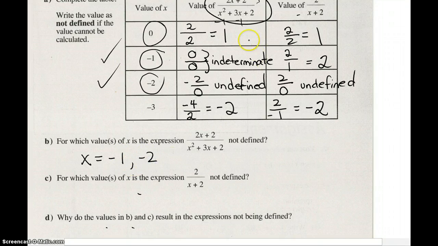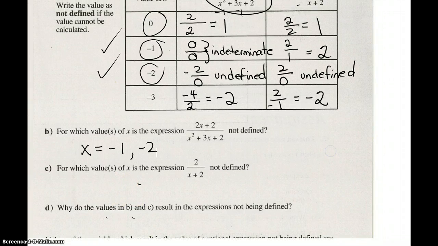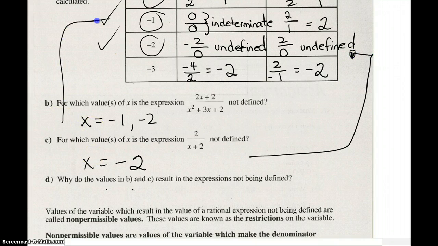We ended up with words meaning that we can't do it. It won't work. In C part, which values are not defined? So I'm looking now at the last column. Which one was undefined? It was the one where x equals -2. Again, I'm looking at this one right here, whereas in the first case, it was this one and this one.